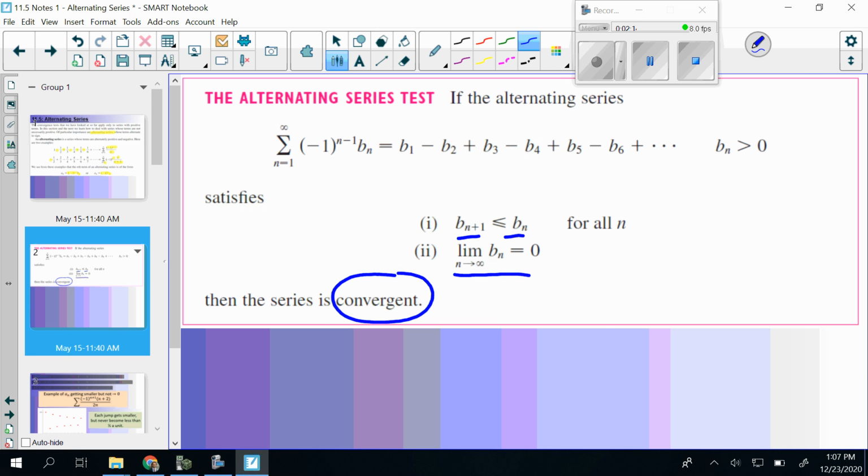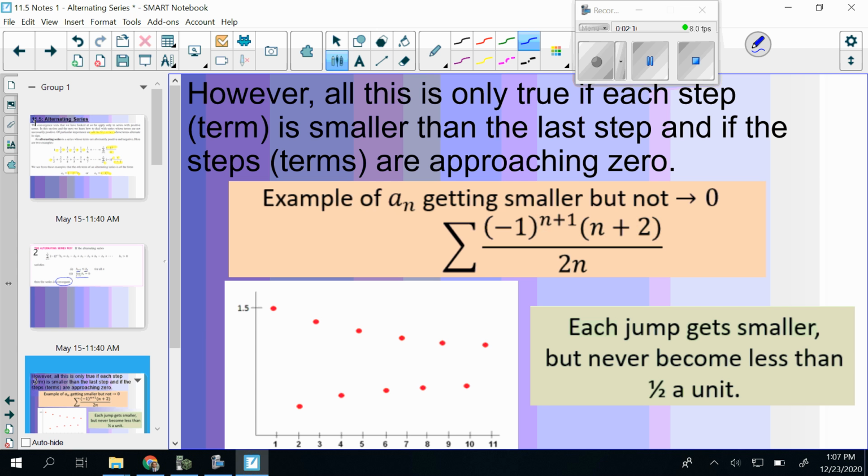Now you've got to be careful as you're doing this, because there are some alternating series that don't necessarily apply to what we just said. So here would be an example of an alternating series right here. Each term is getting smaller than the one before it.